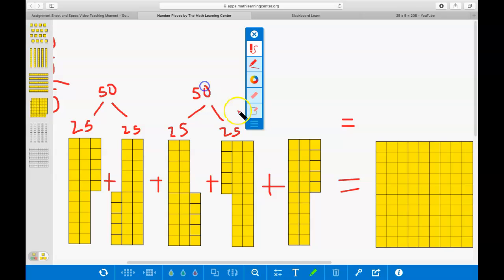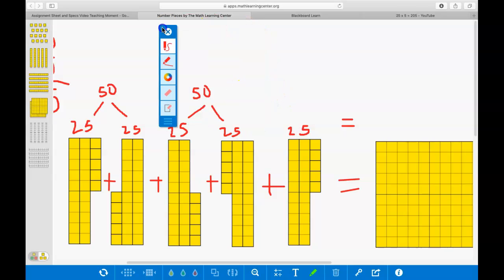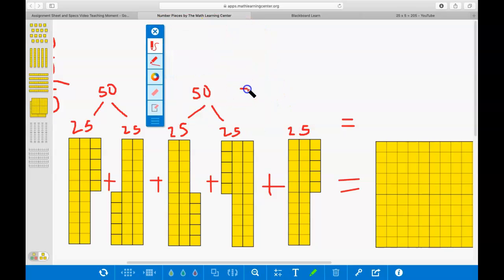And then this last little 25 that's hanging out by himself can easily be added to the two 50's, which is 100. And then you add that last 25, which gives you the answer of 125 seats.